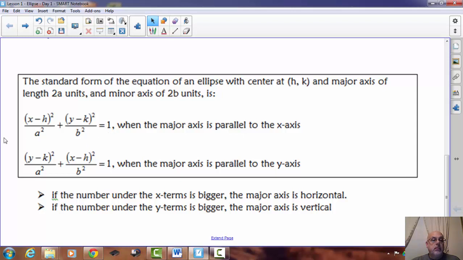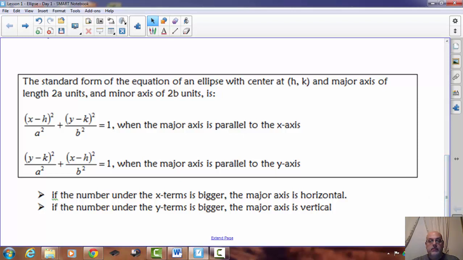So if the number under the x terms is bigger than the number under the y terms, the ellipse is wide. If the number under the y terms is bigger than the number under the x terms, then the ellipse would be more tall than wide. Okay?